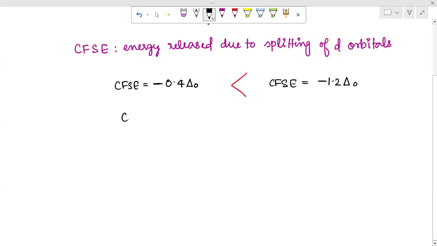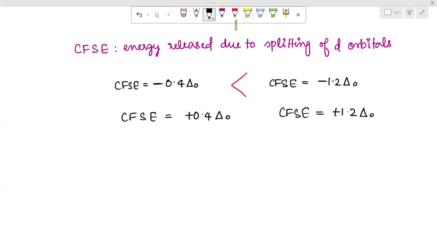Let's say you have a complex where CFSE is plus 0.4 delta O, and over here CFSE is plus 1.2 delta O. In this case, understand that minus stands for stabilization.